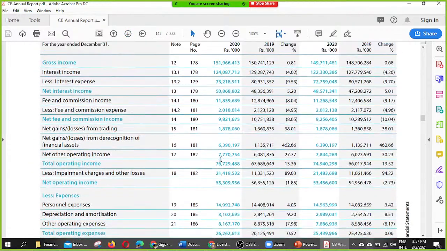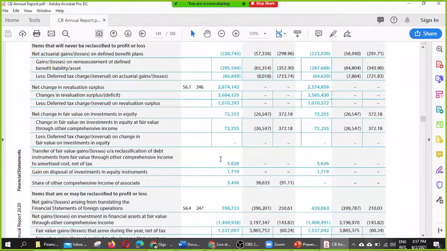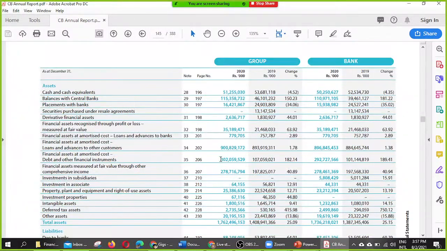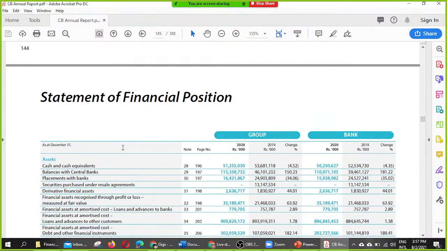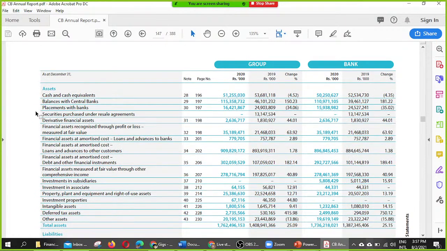This is the income statement. Here is the financial position, where you can find cash and cash equivalents. Normally when you look at other manufacturing companies' balance sheets, you may find property, plant, and equipment, which may be the larger portion. But here the larger portion is loans.